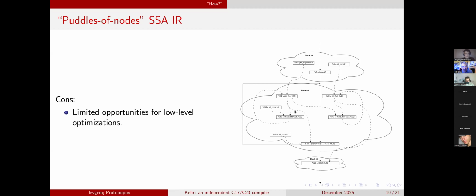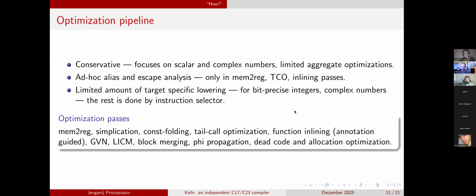At this representation in my compiler, there are limited opportunities for low-level, particular optimizations. So the optimization pipeline I currently have is mostly focused on scalar, complex numbers. There are some aggregate optimizations. Currently, I do not do comprehensive alias escape analysis.